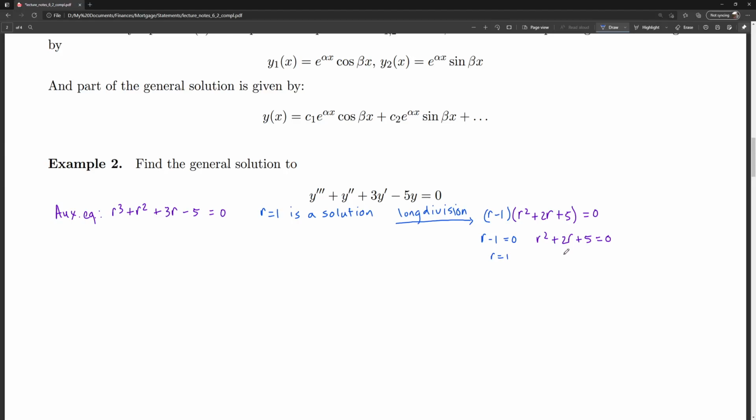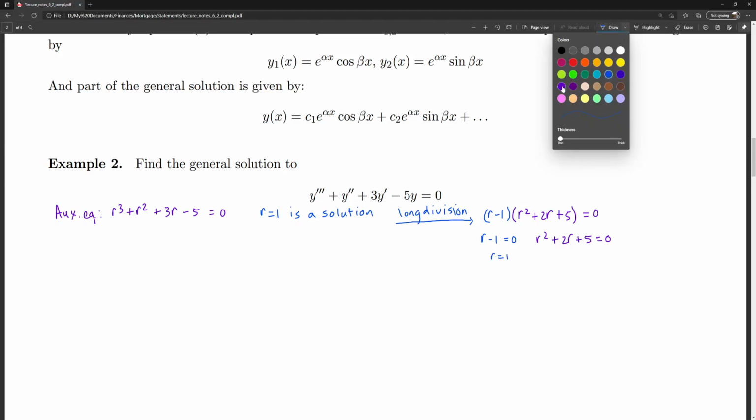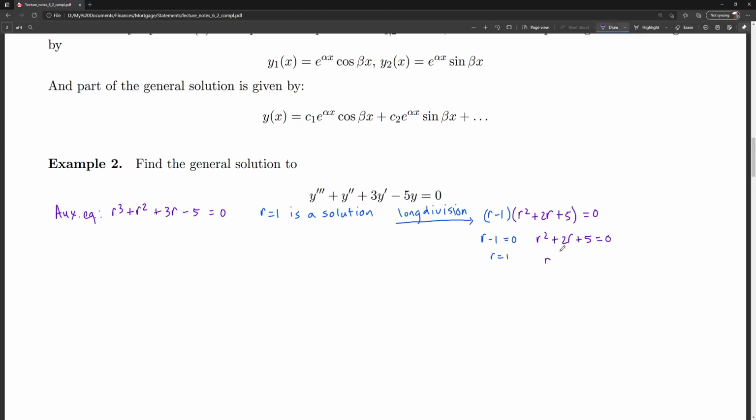quadratic equation we can solve by using the quadratic formula, or we can use completing the square. So let me do that one time so that you can see that as well. If we're completing the square here, we're taking a look at the term in front of r, and we take half of that.